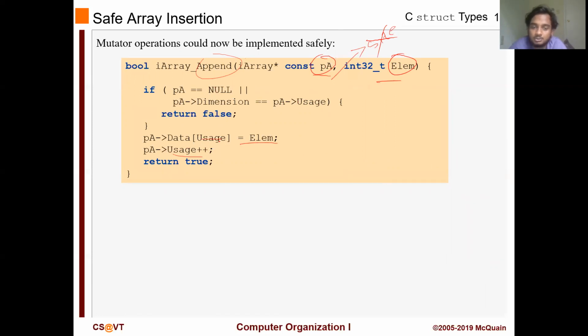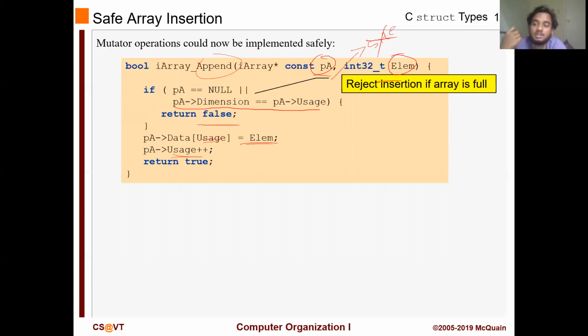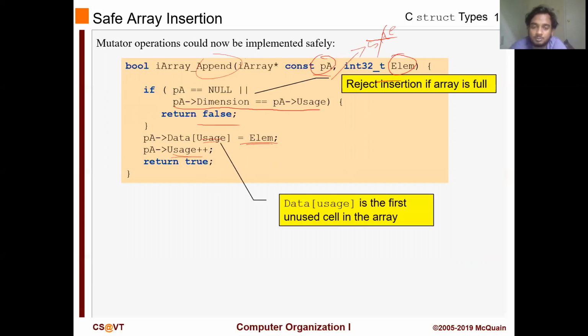After we put that element there, we just do usage plus plus. And this part makes sure that if dimension is equal to usage, it is going to return false. So if the index is at the end of the array, then it's going to stop.